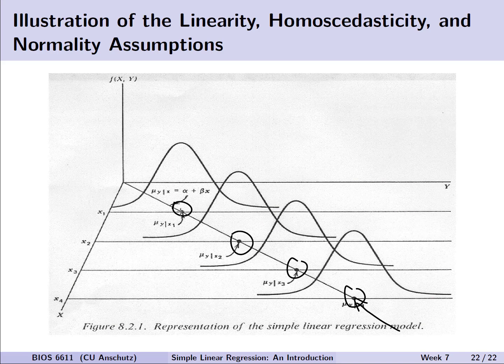So this helps to illustrate that idea of linearity, the equal variances of that homoscedasticity assumption, and also the general idea of normality. At this point, we'll stop here before walking through in the following lectures more properties, derivations, and actual interpretations of how we can fit these regression models.